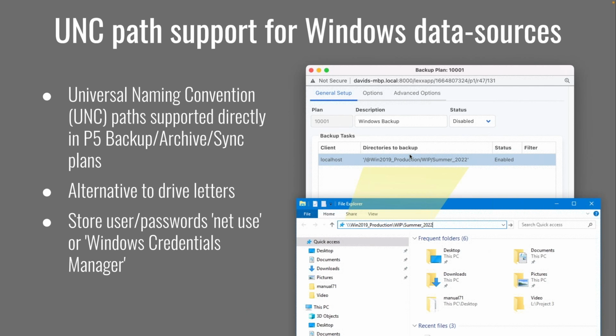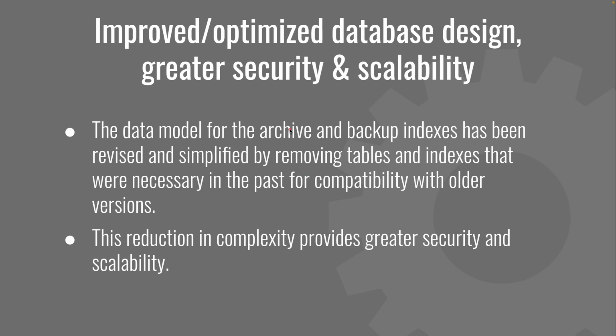So if this is running on the local machine and it's Windows, then you have to use the net use command, or there's a GUI, Windows Credentials Manager, that you can store those passwords away. Or if it's a client that's the Windows data source, then you'll need to use one of those tools on that client so that the path can resolve. So yeah, it's a convenience for people running on Windows, and much appreciated that that's been added.